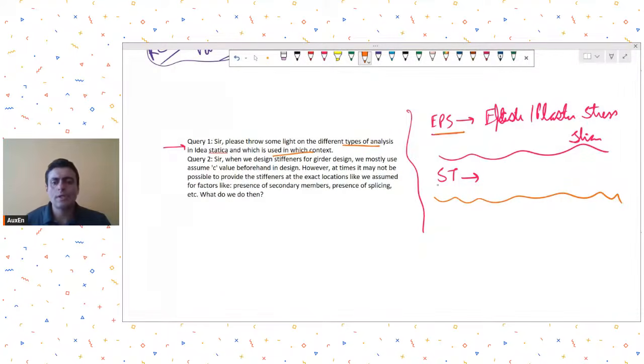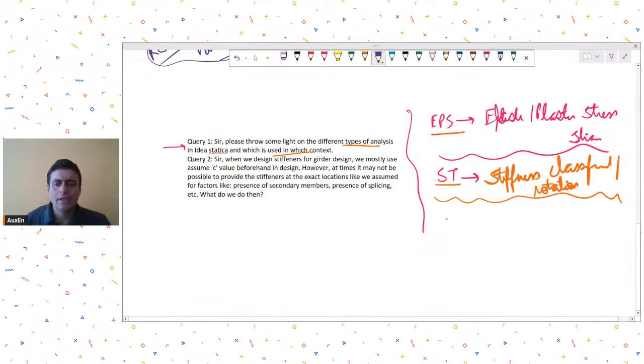So EPS is one. In ST analysis, you do the stiffness based analysis. So for stiffness classification, or to find out the rotation of your connection for the applied moment, you can use this ST analysis. Then one is this CD analysis in Idea Statica. In CD analysis, it will do the capacity based design type of a thing, capacity design as per the ductile design detailing approach.